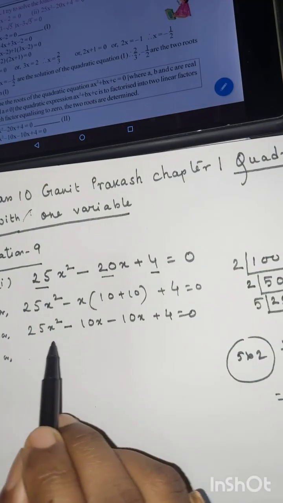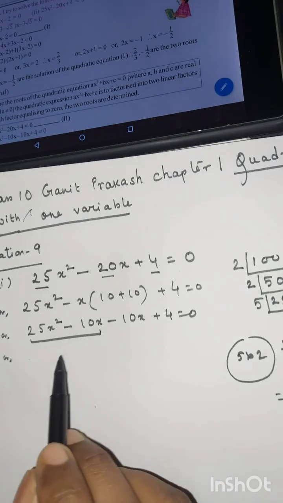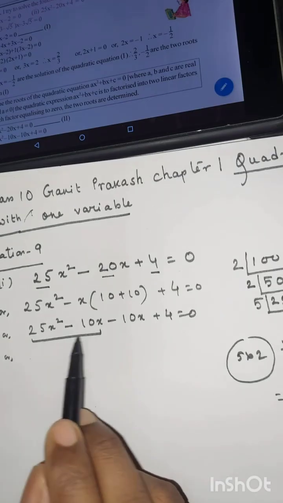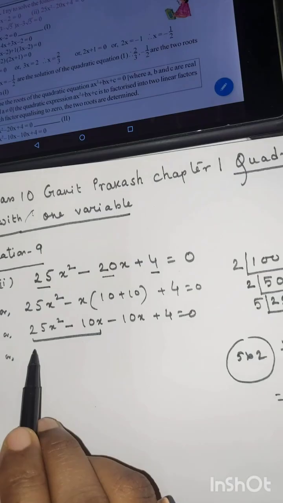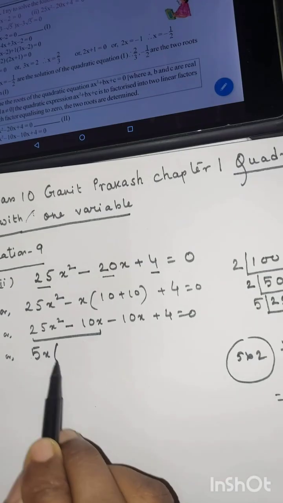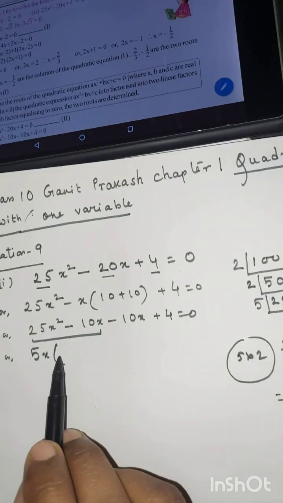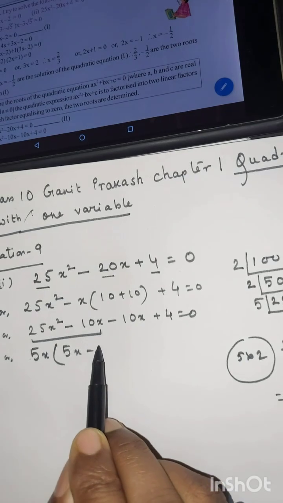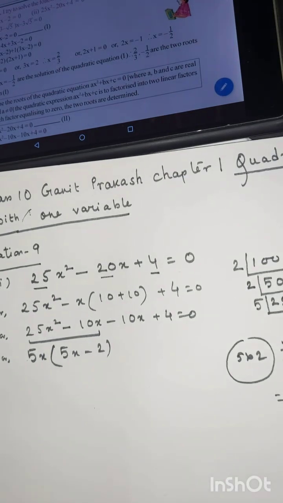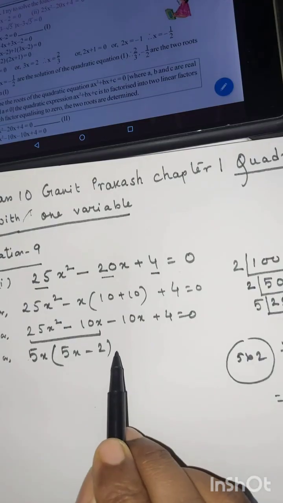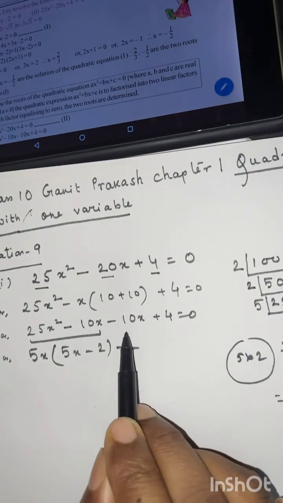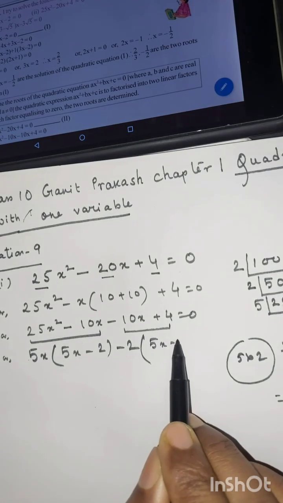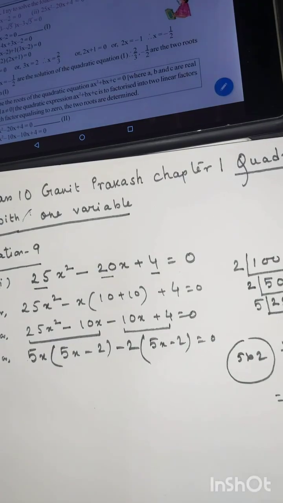If we take 5x common from these two quantities, within the bracket we have 5x minus 2, and if we take minus 2 common from these two quantities, we have 5x minus 2 within the bracket.